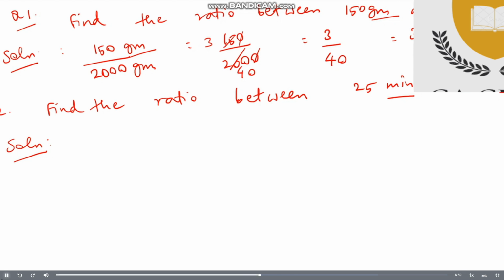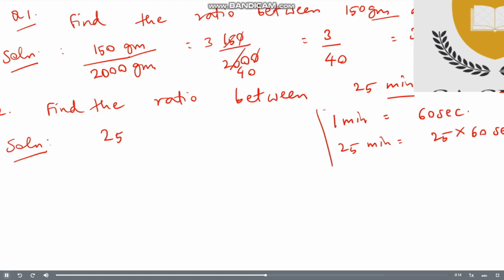So the ratio which we require is 25. Okay, one more thing: 1 minute is 60 seconds. 25 minutes is equal to 25 into 60 seconds. So 25 into 60 divided by 45. This is the answer.